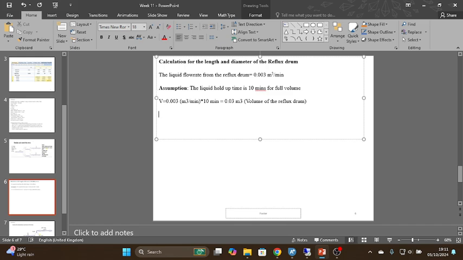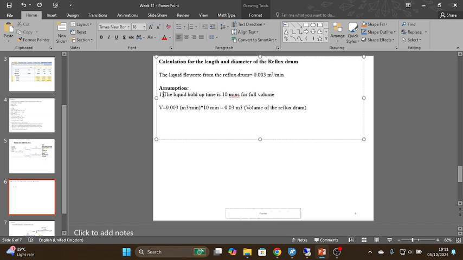Okay, now we know that this is assumption number 1. Then assumption number 2 is the reflux drum is cylindrical in shape.